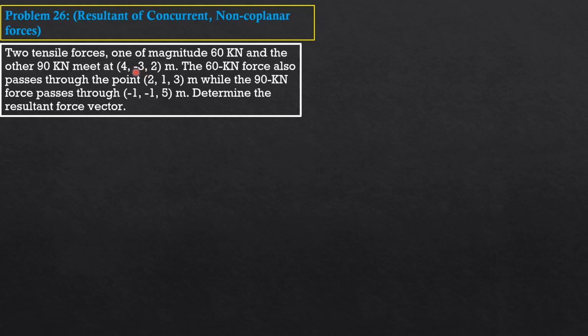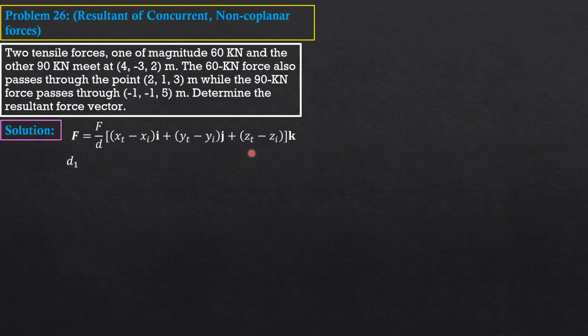The terminal would be the other point and the initial would be the point where the two tensile forces meet. So the solution is this expression in vector form: F equals magnitude over distance, times quantity (x terminal minus x initial) i plus (y terminal minus y initial) j plus (z terminal minus z initial) k. That's the way the force is represented in rectangular vector form.